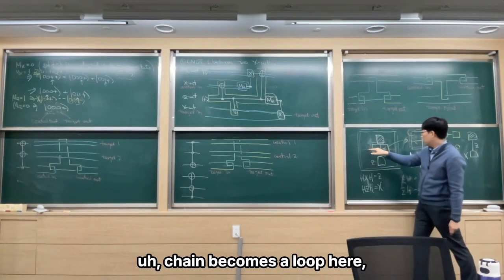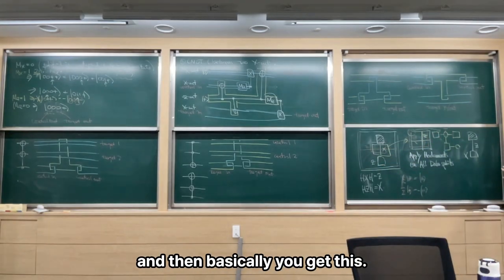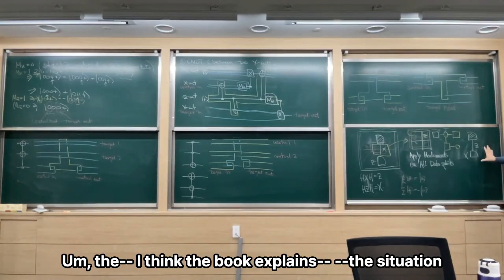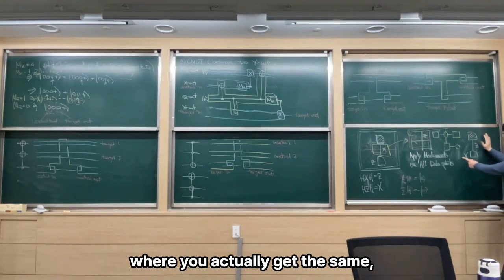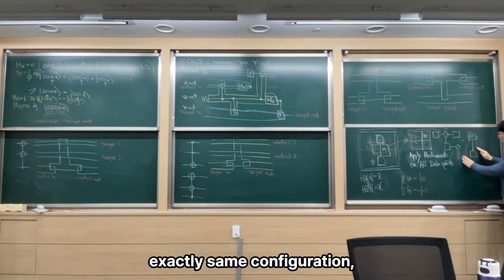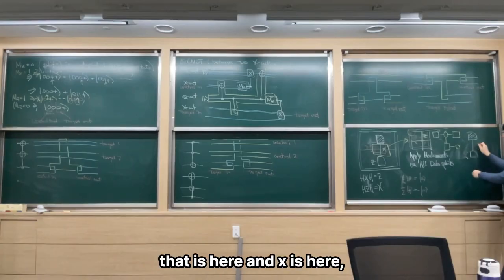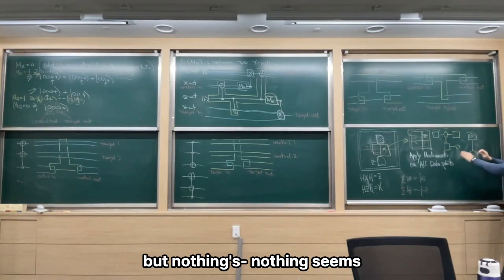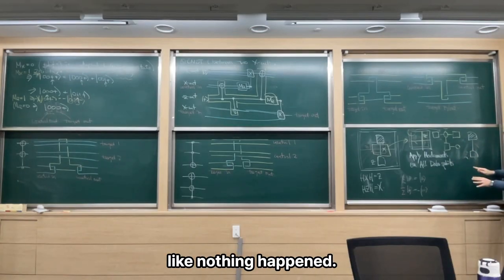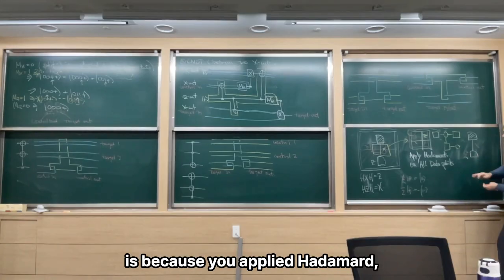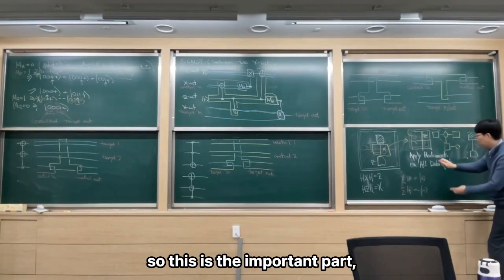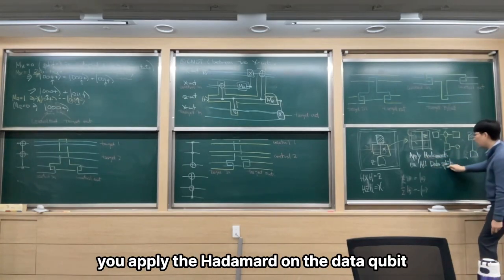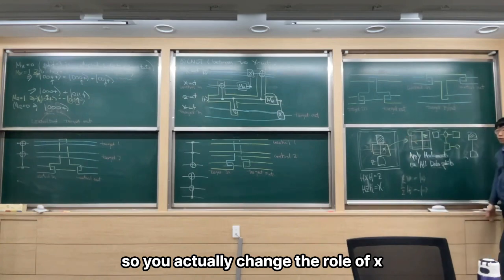So the chain becomes a loop here, and then basically you get this. I think the book explains the situation where you get exactly the same configuration, that Z is here and X is here. It seems like nothing happened. But what really happened is because you applied the Hadamard. So this is the important part. You apply the Hadamard on the data qubit, so you actually change the role of X and Z.